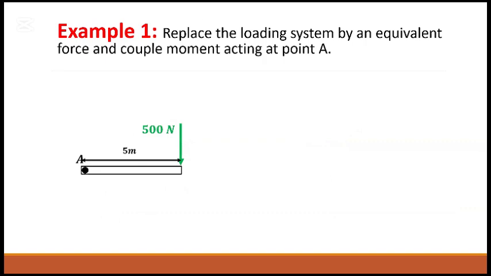Let's take, you have just 500 here. And we need to bring that to A. We can't make any changes, the net effect should be this.